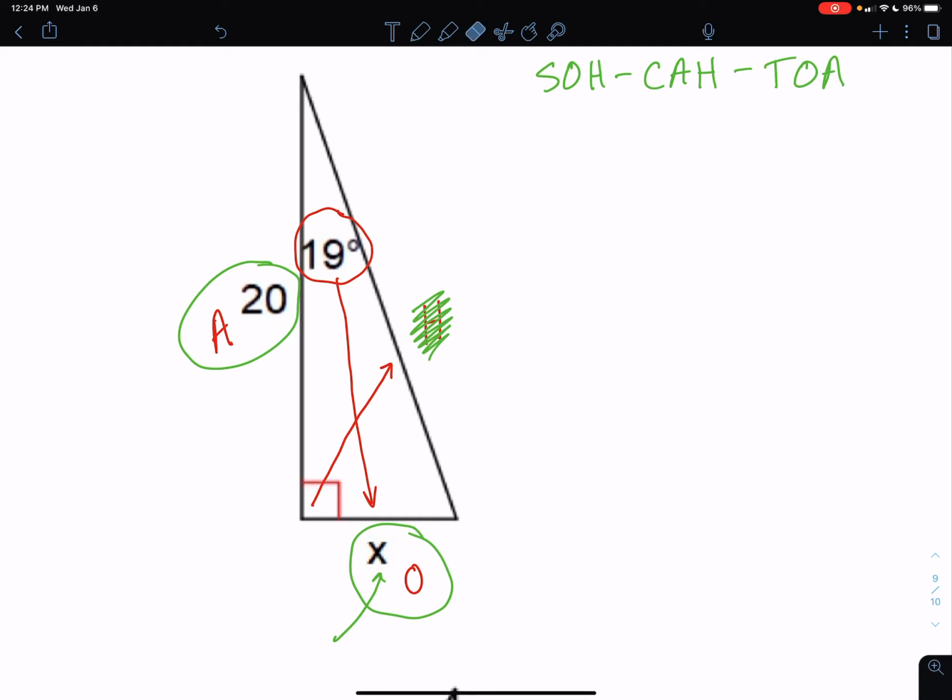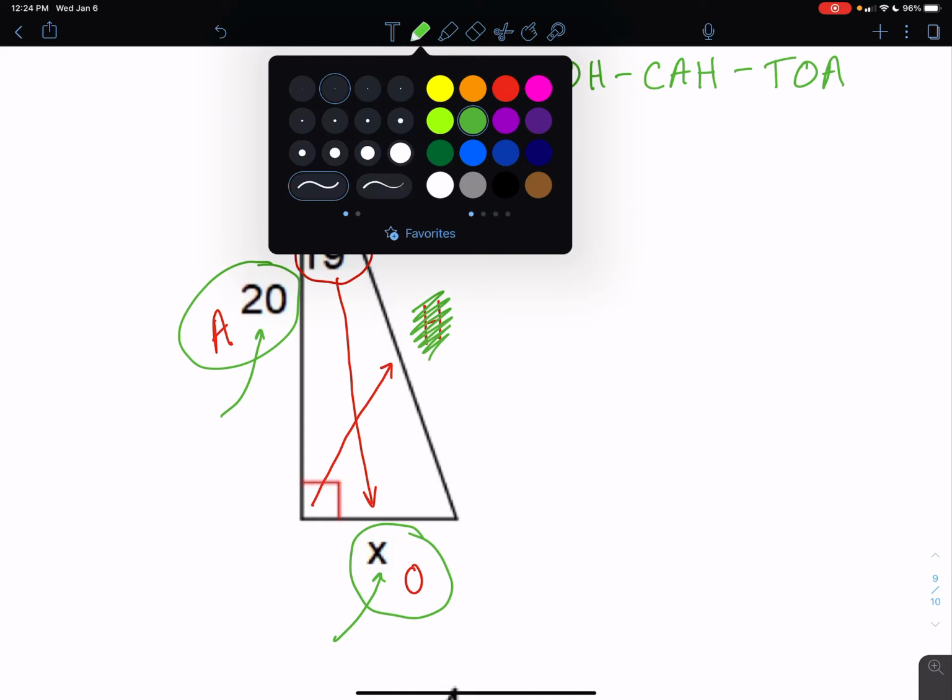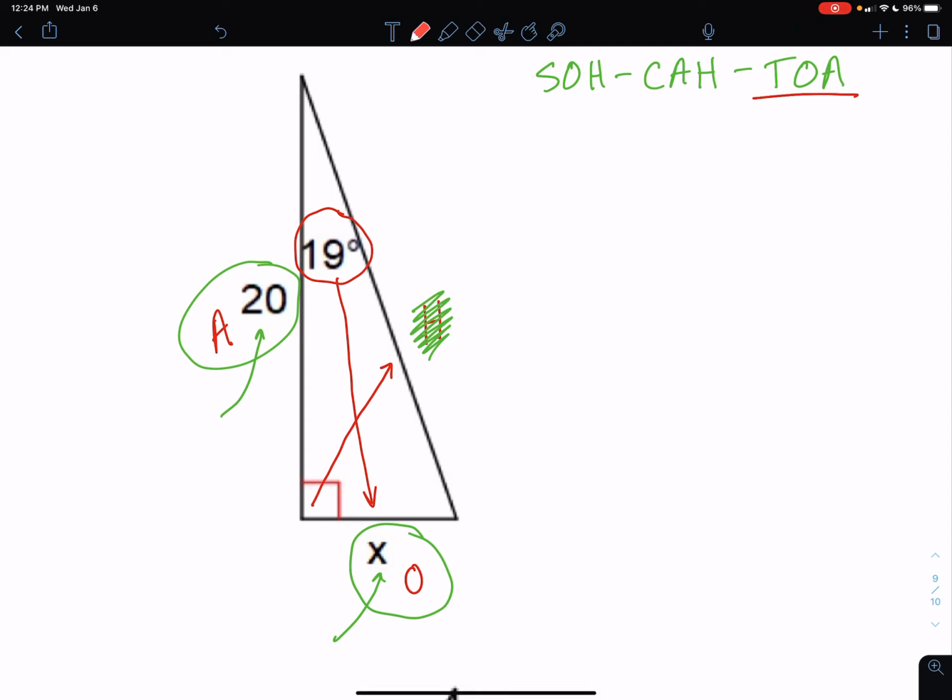And then the other information we have is that this side right here has a 20 on it. And so if we're going to use opposite and adjacent, O and A, we see that here in TOA, T-O-A. What that means is tangent, that's what the T is going to equal opposite divided by adjacent.